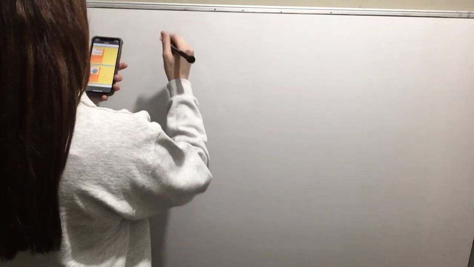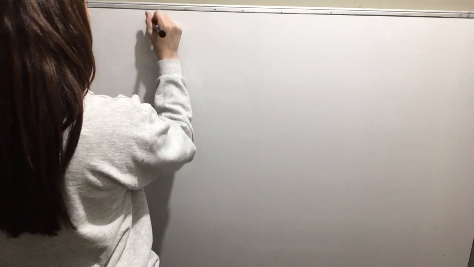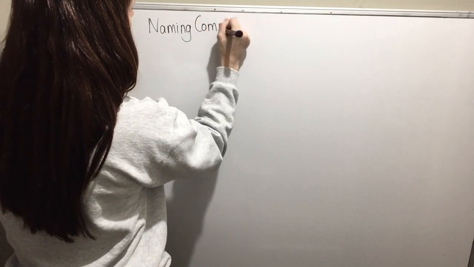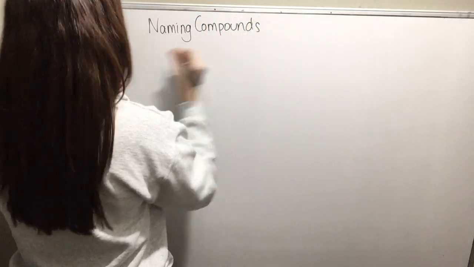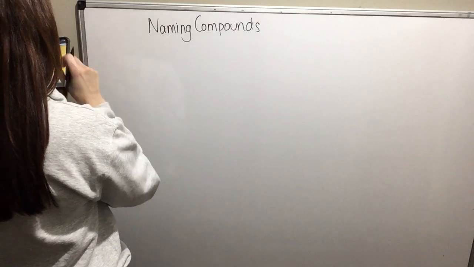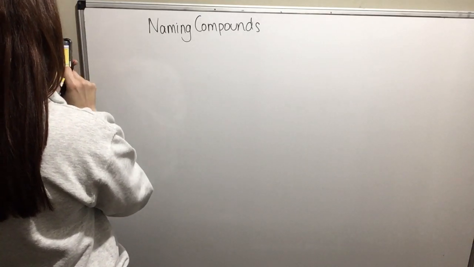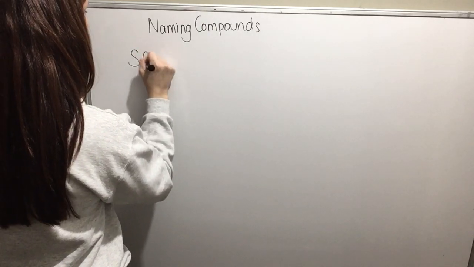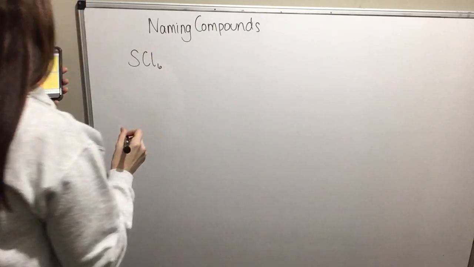All right, so this is the naming compounds section now. Number 1 was SCl6.